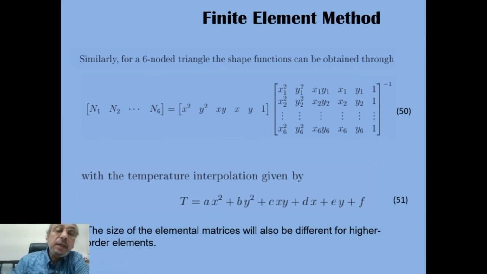And there the temperature interpolation is given by this polynomial a x square plus b y square plus c xy plus d x plus e y plus f. The size of the elemental matrices will also be different for higher order elements.